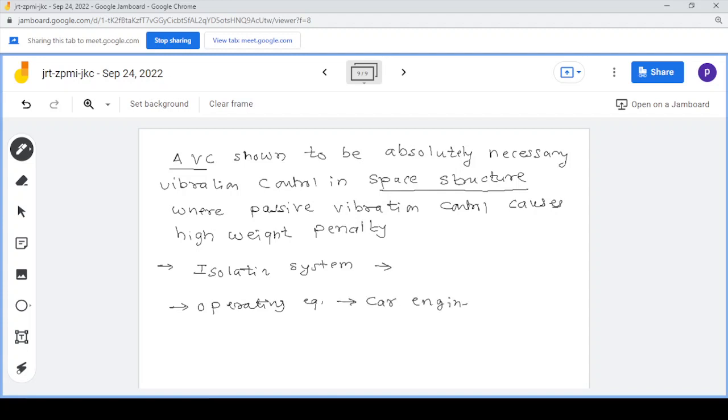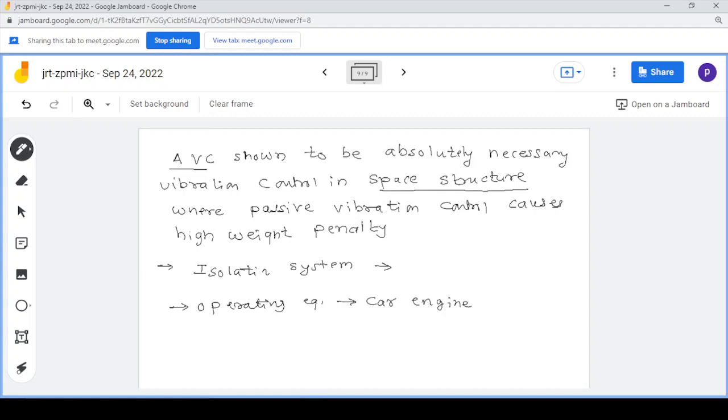In the car engine or an altitude control assembly in a spacecraft, they generate oscillatory forces which can propagate in the supporting structure. So vibration isolation is necessary, and this is the purpose of the active vibration control system.